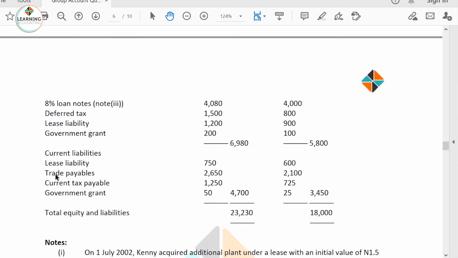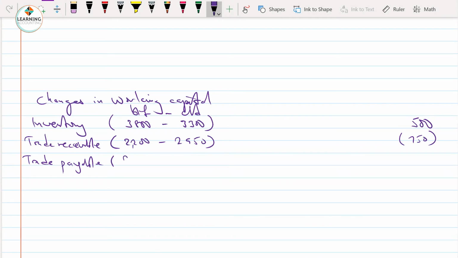We have 2,100, it is increasing to 2,650. Okay, so we are owing suppliers funds. That means we still retain liquidity or still retain cash. Therefore, the difference we have is 550. In this case, it will be a positive 550.